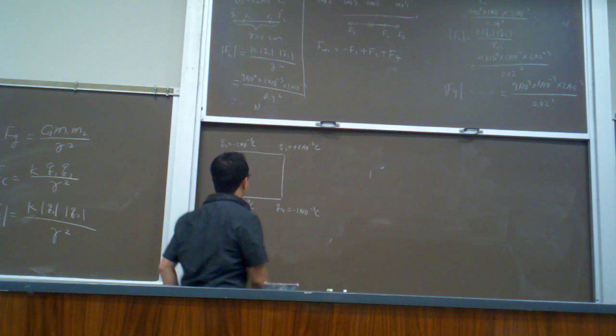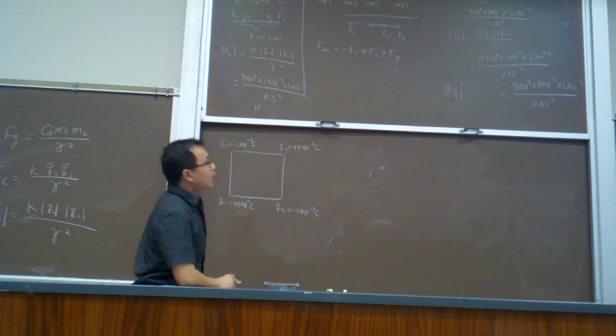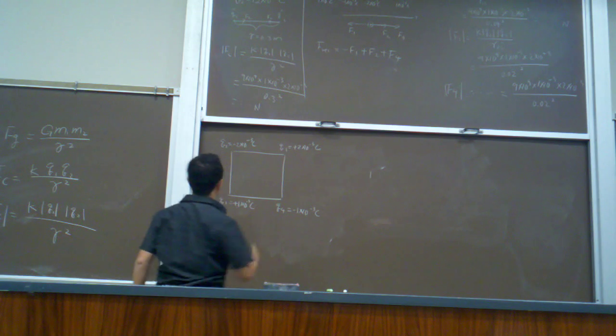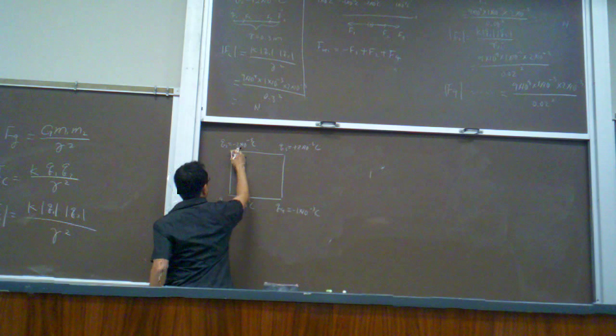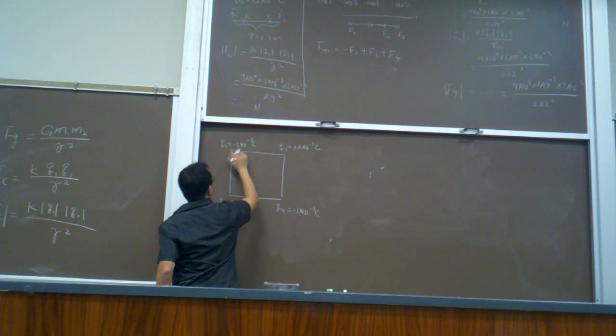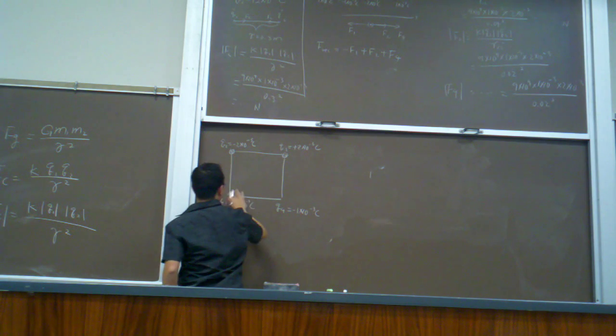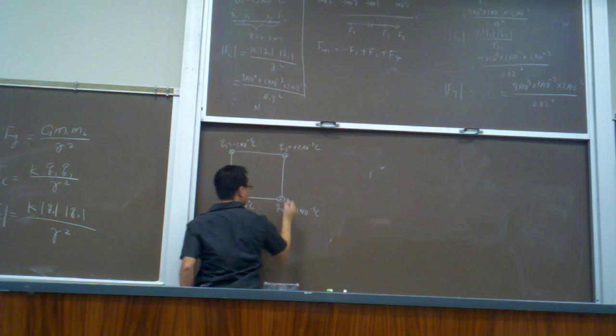Okay, so we have the four charges, and we are going to calculate the resulting net force acting on the upper left charge. So we have negative here, positive here, positive here, and negative here.